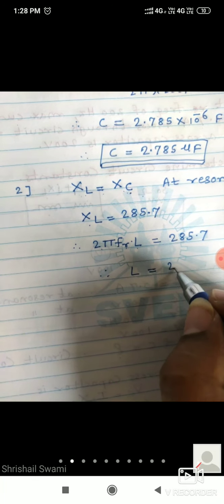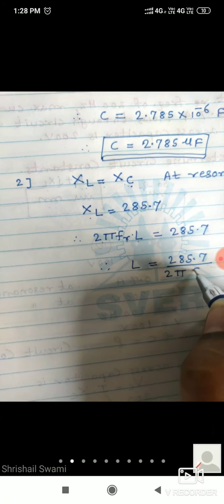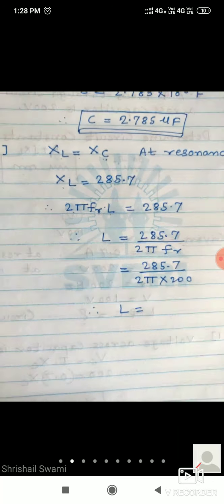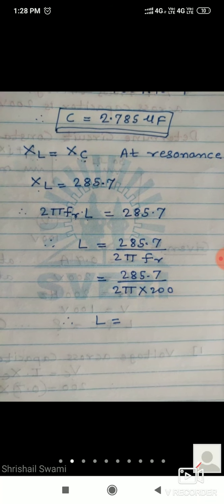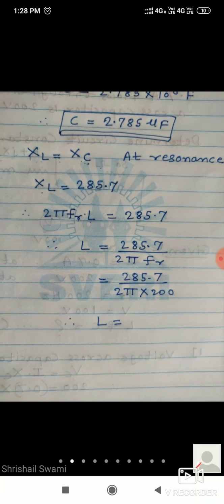So find out the value of L now. L is equal to 285.7 divided by 2 pi FR. 285.7 divided by 2 pi into 200. So find out value of L. Or you can use the formula of resonant frequency.